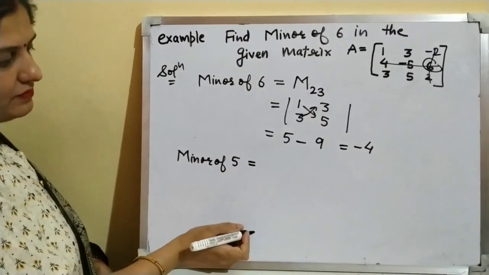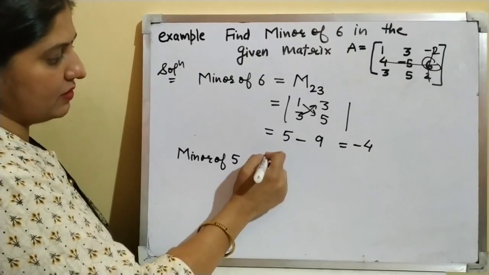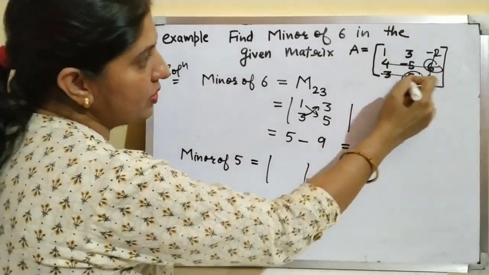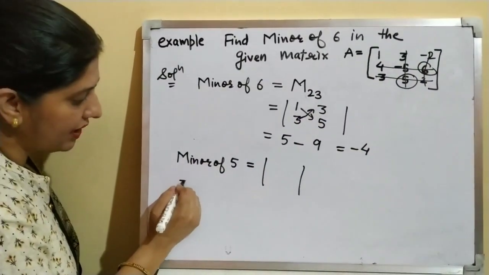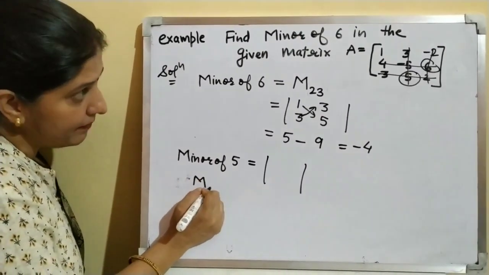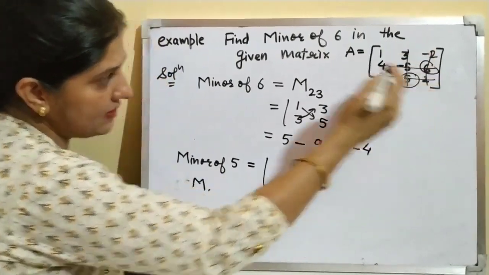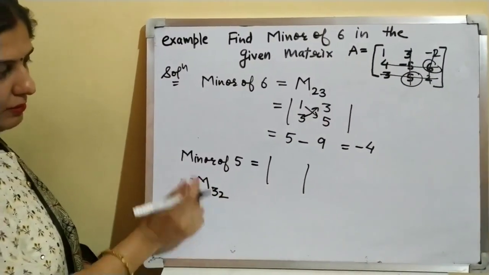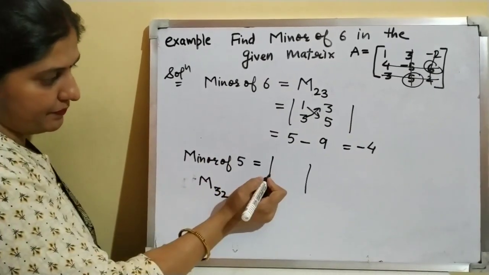The element 5 belongs to the third row and second column, so it is denoted by capital M32.